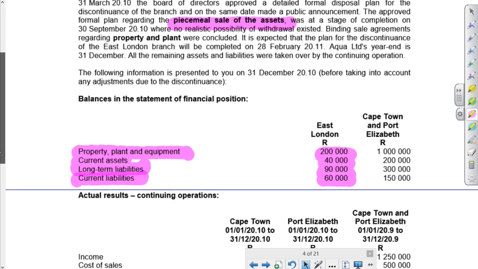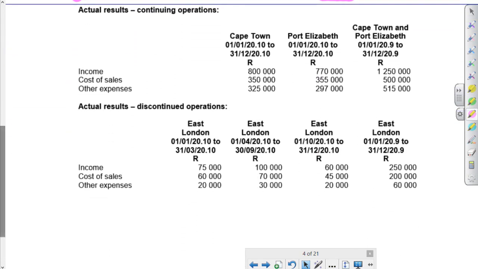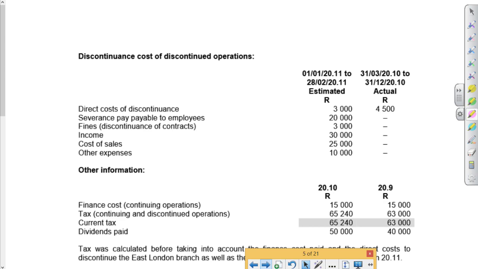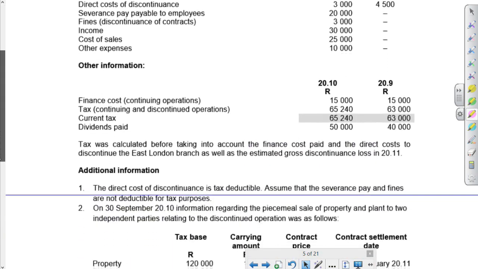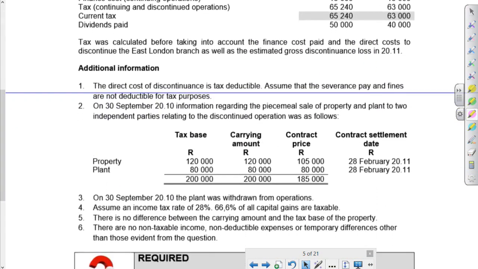Do you agree? If we just skip down past where they talk about the operations, you'll see that over here they talk about the piecemeal sale of the property, plant, and equipment, and they say that the plant and the property have carrying amounts of 120 and 80, giving you the 200 that was in the front, isn't it?